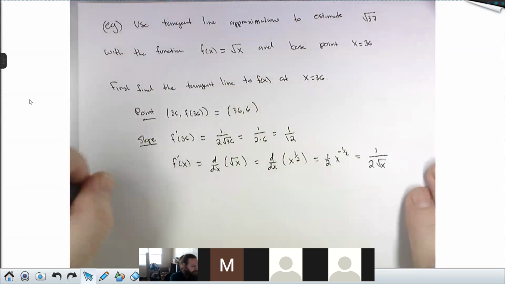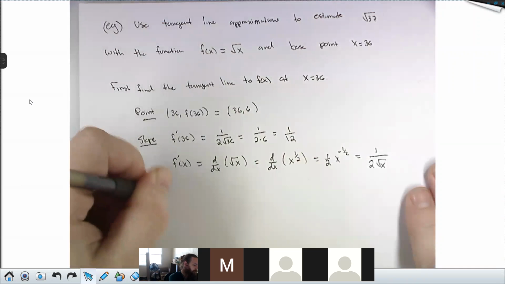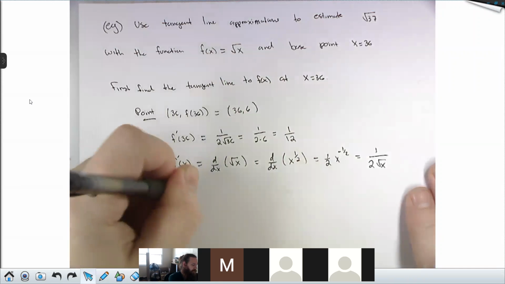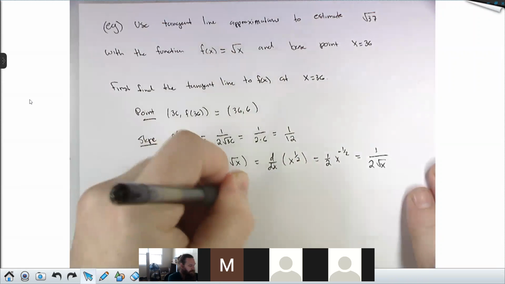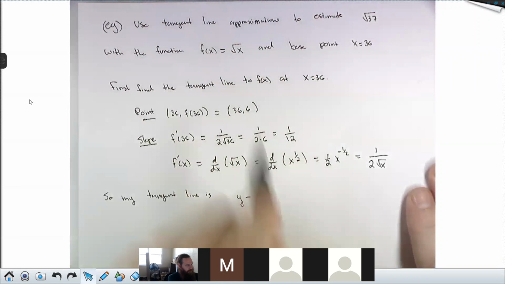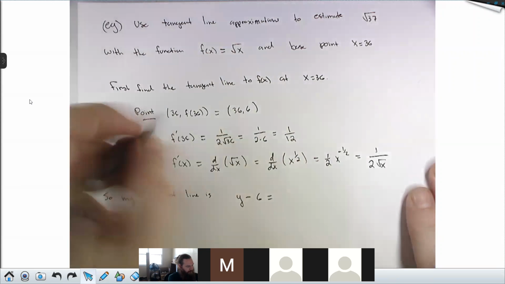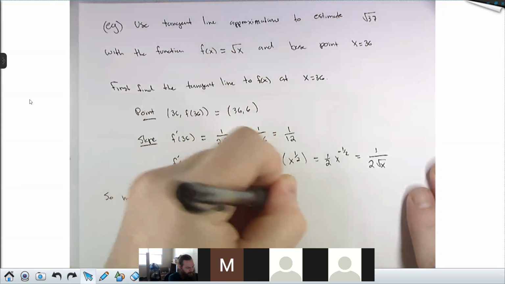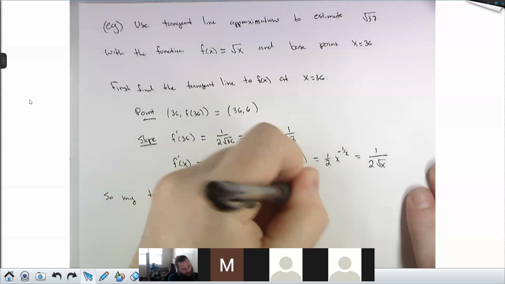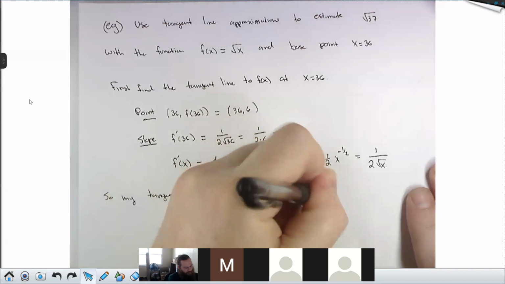So my tangent line is y minus y0, which is 6, equals m, which is 1/12, times x minus x0, which is 36.